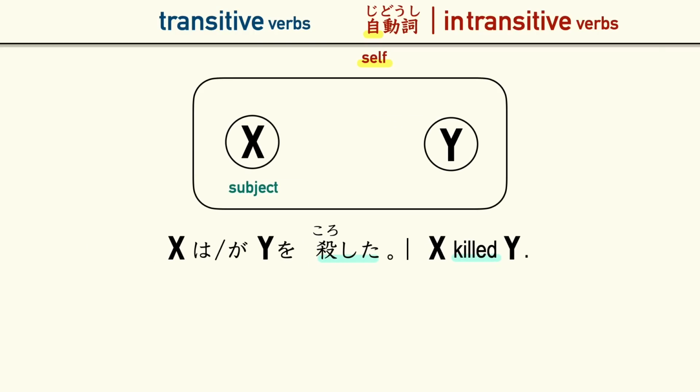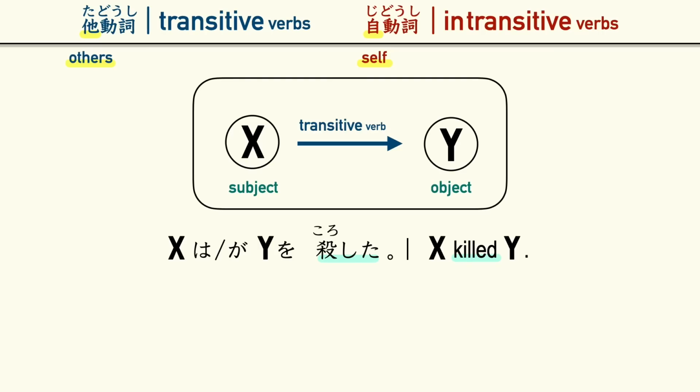On the other hand, transitive verbs are called 他動詞. 他 means others. 他動詞 refers to an action that the subject performs on other things. They directly affect other things. In grammatical terms, these other things are called objects.